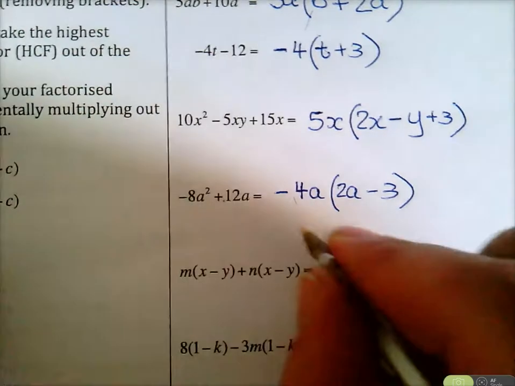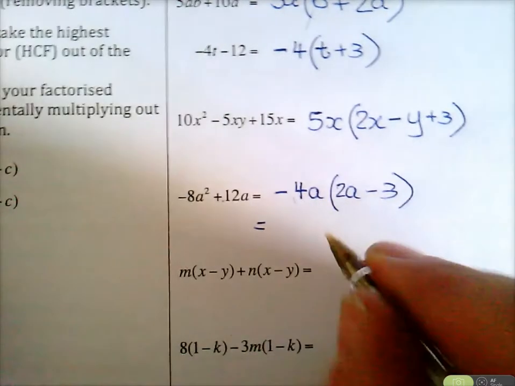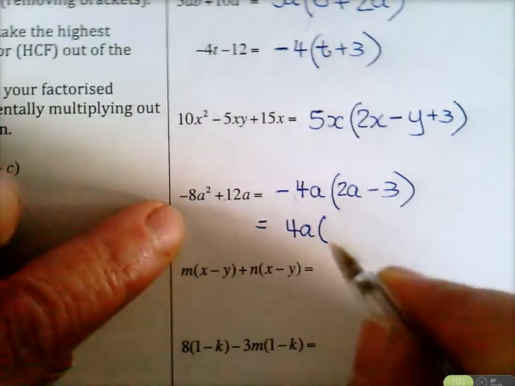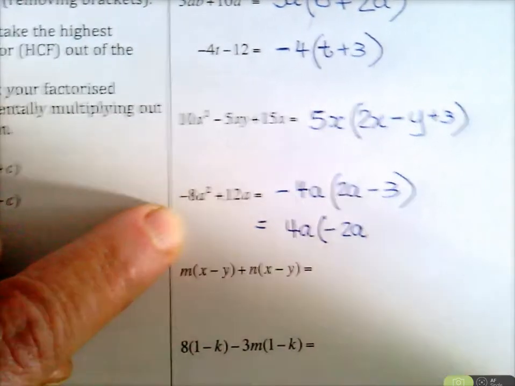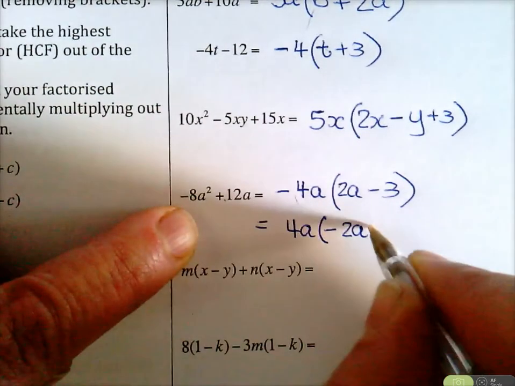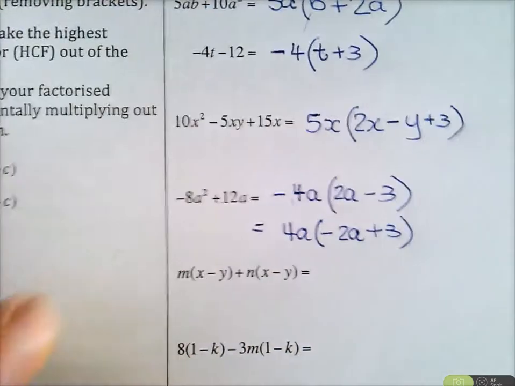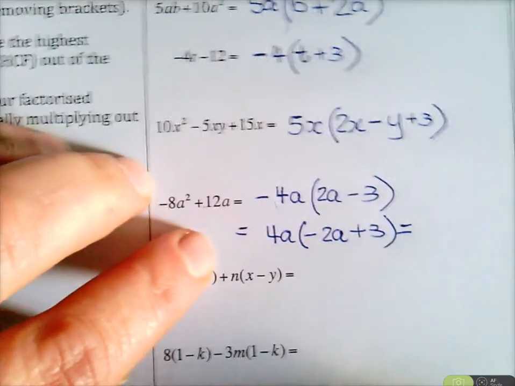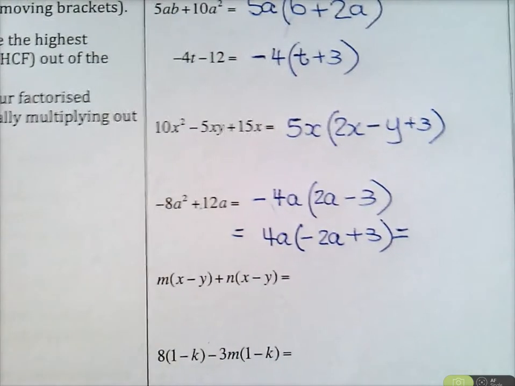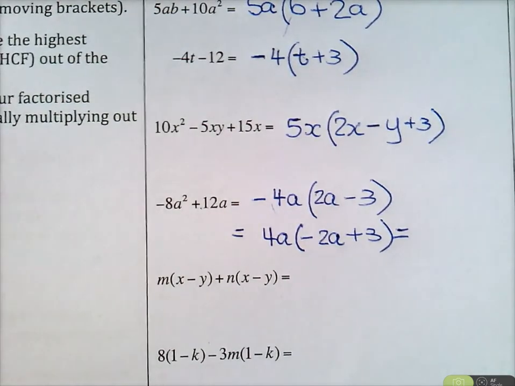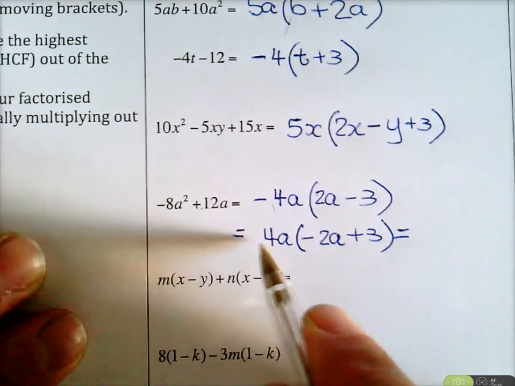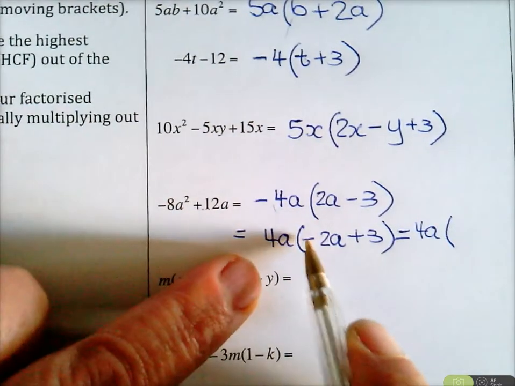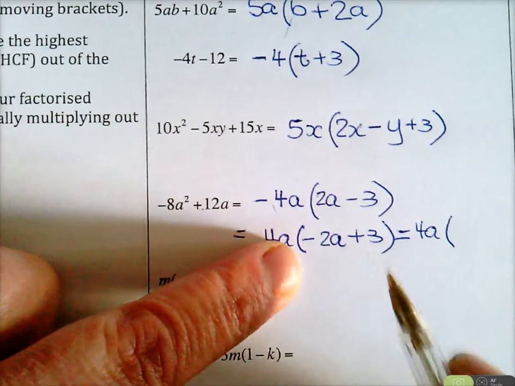Someone has just said, let's say you don't take the negative out at the front and you just take out 4a. So if you just took out the 4a, this would have to be minus 2a. You get it? Plus 3. Now, but I prefer to take the negative out. The thing is, if you don't take the negative out, your answers will look different. Now, I've taken out just 4a. Girls, it's really not normal to see the negative 2a plus 3 written like that.